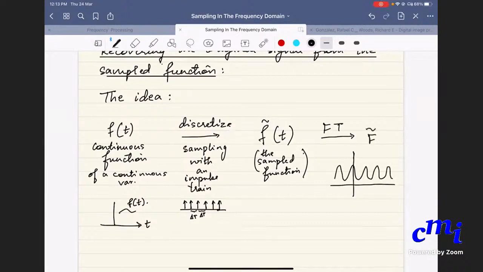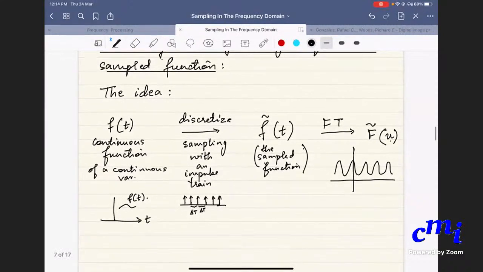This is your F tilde. Capital F tilde is the Fourier transform of small f tilde, so F tilde of u, let's say, where u is now the frequency variable. t here was the earlier continuous variable in the spatial domain, or some other domain. u is the frequency variable. So this is u, and this is F tilde of u, which is some periodic function.